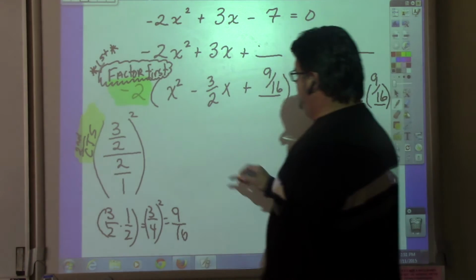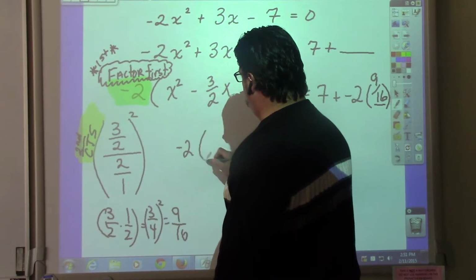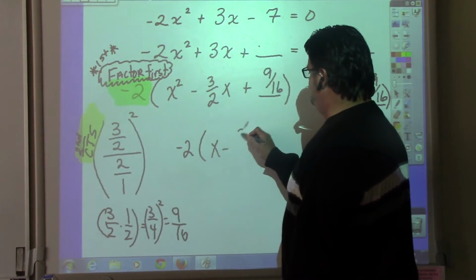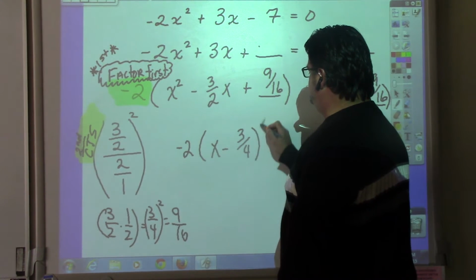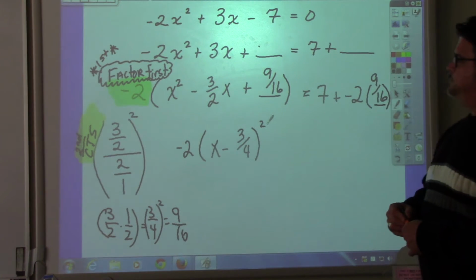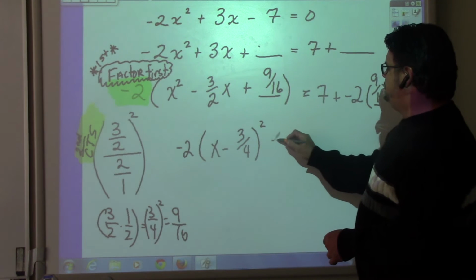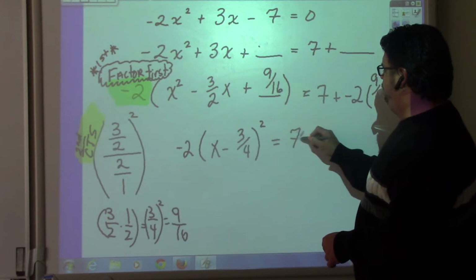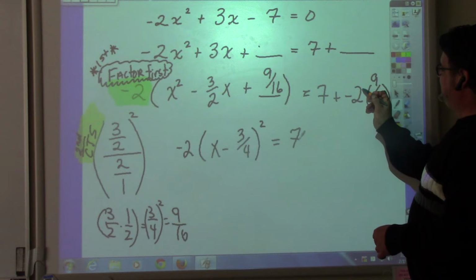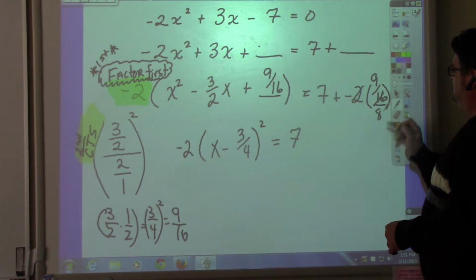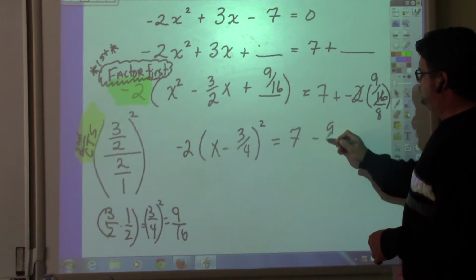So that's going to give us -2 times x minus 3/4 quantity squared is equal to 7 minus, well, that will cancel here. You get -9/8.